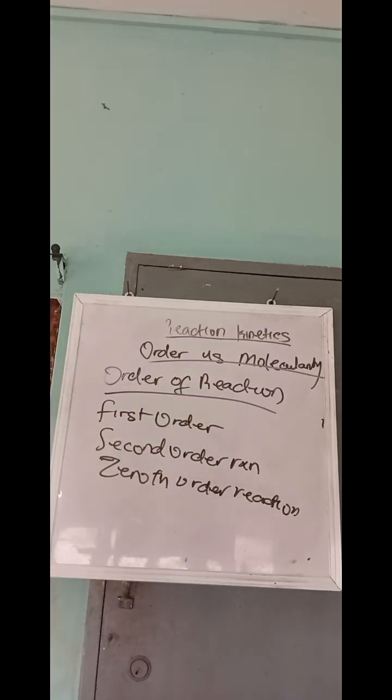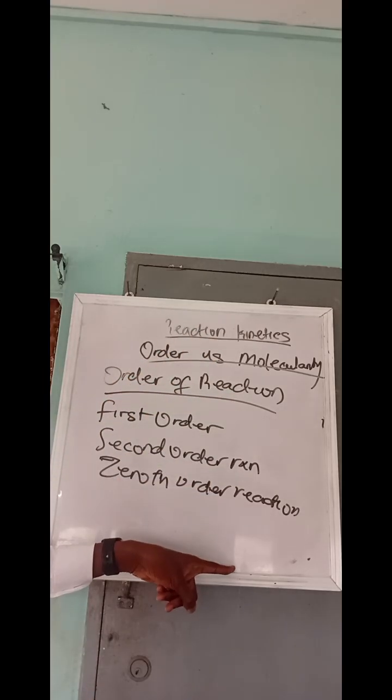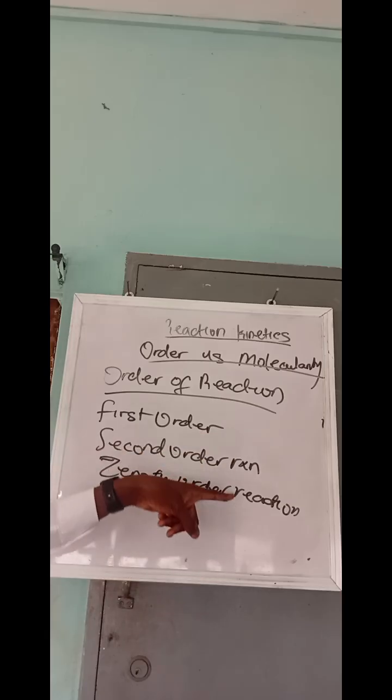Those are the 3 common orders of reaction. Let me tell you, we have zeroth order, negative order, fractional order, pseudo order, third order, and fourth order. But for your level, limit yourself to the first order, the second order, and the zeroth order of reaction.